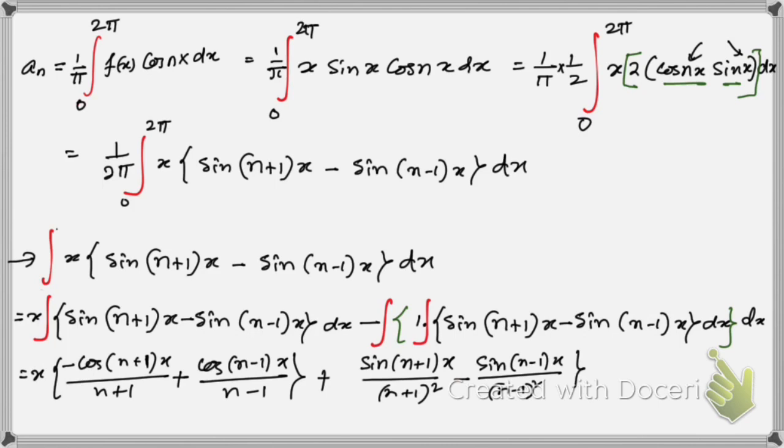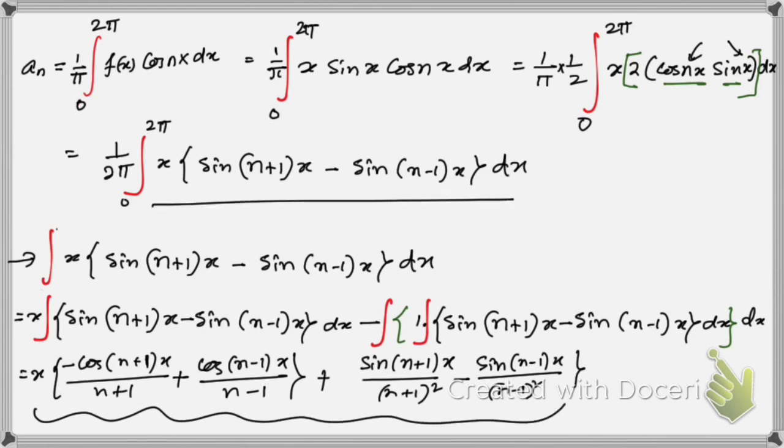So now let us use this result here. Okay, so here I have ignored the limits, I have just found the integral, right? So now use this integral here to get the result. Let me go to the next slide first. Okay, so we will get an is equal to 1 by twice pi, and here let me use the bracket.